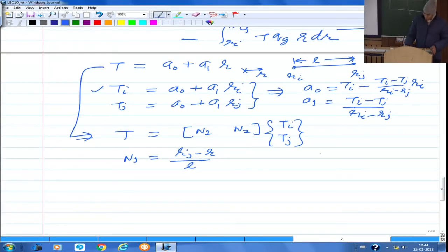So L is Rj minus Ri. So this is what would be your n1. You can rewrite that, and the second shape function would be R minus Ri divided by L.